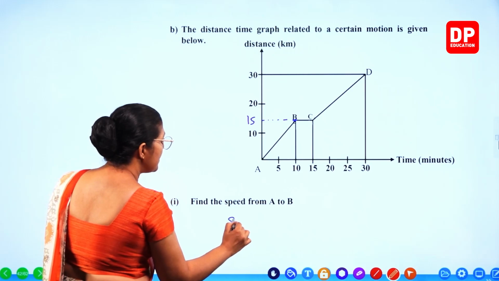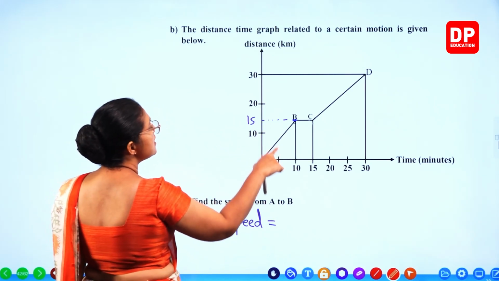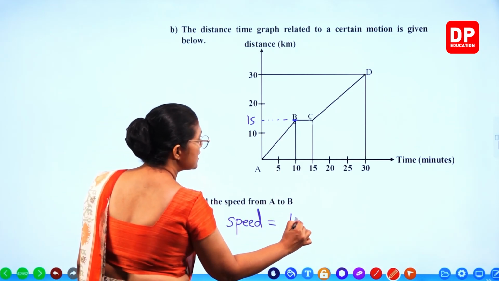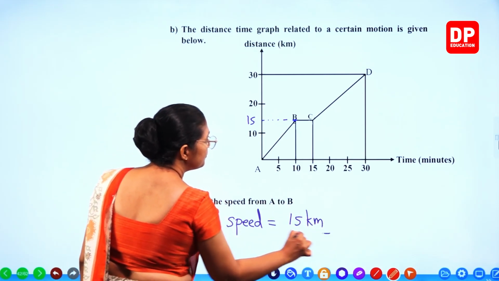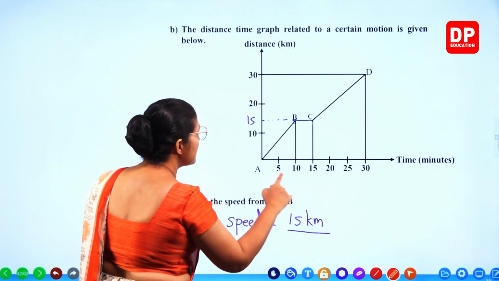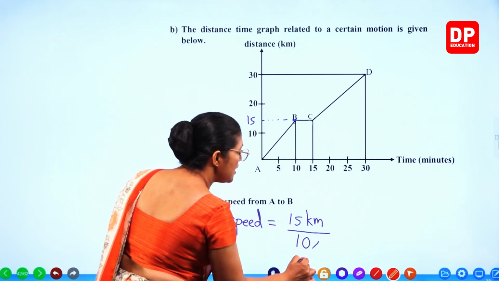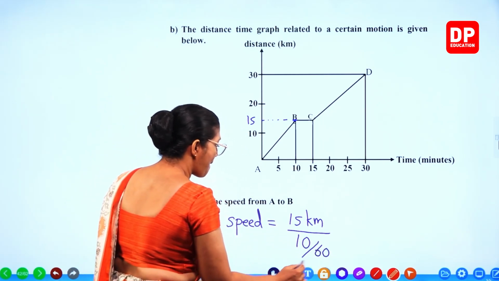So what is the speed? Height is 15, that's in kilometers. And time is in minutes. That's 10. We'll convert this to hours. 10 divided by 60.